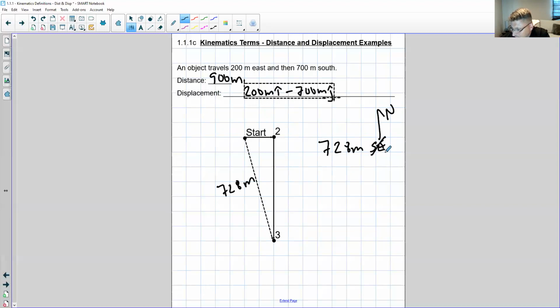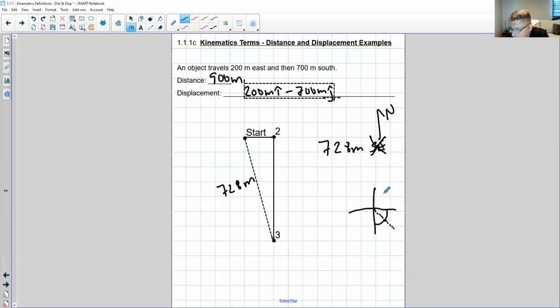This is not right. Why is that not right? Because when you look at a compass rose, southeast has a very specific definition. That means a line exactly between south and east. So 45 degrees south of east or 45 degrees east of south. So this does not fit that definition.